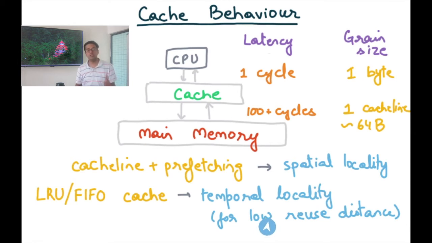The distance between the two uses or reuses of the same location is typically small. And if that is true, then the program exhibits temporal locality. And if the program exhibits temporal locality to a certain degree, the hardware is designed to exploit that temporal locality using cache replacement policies such as LRU or first in first out, FIFO.